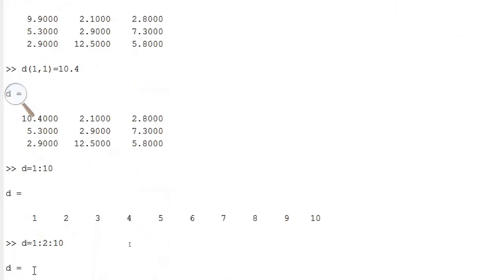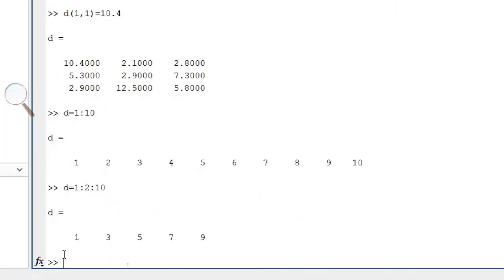Let's use the colon operator to create a multi-dimensional, for example 2-dimensional, matrix. Let's name that matrix H equal to 1 to step size 2 up to 10.